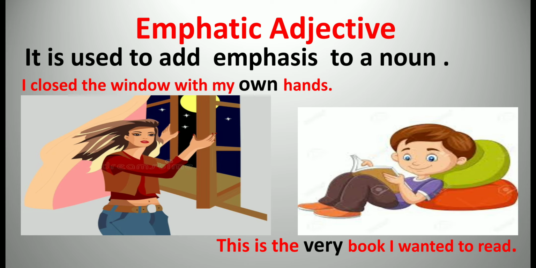The adjective own is adding emphasis to the noun hand. In the next example, this is the very book I wanted to read. The adjective very is putting stress on the noun book. Means none other than this book. Only this one.